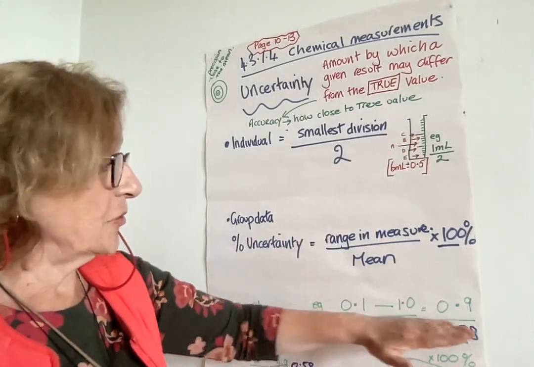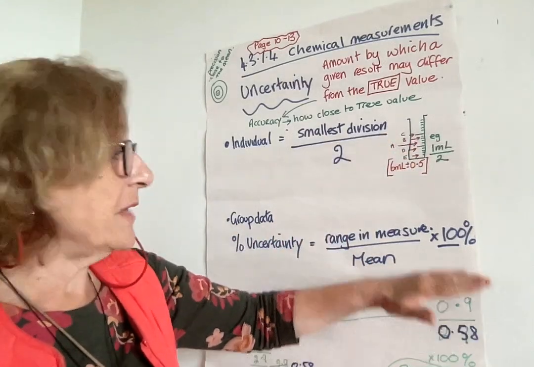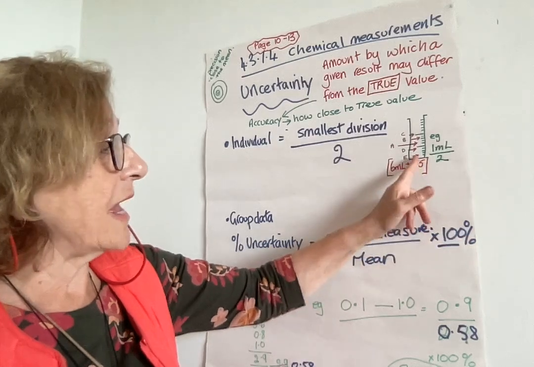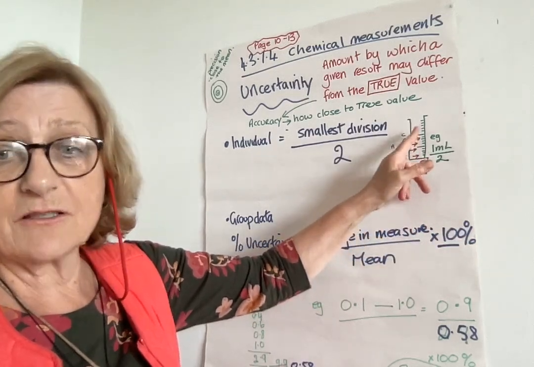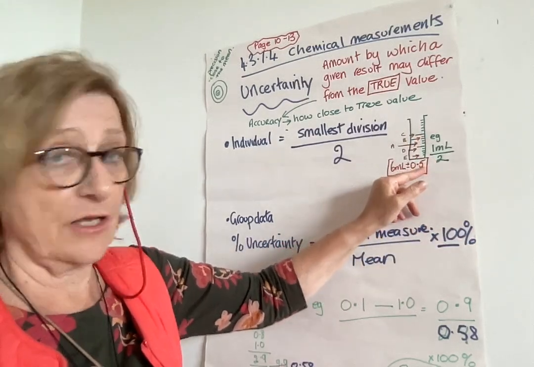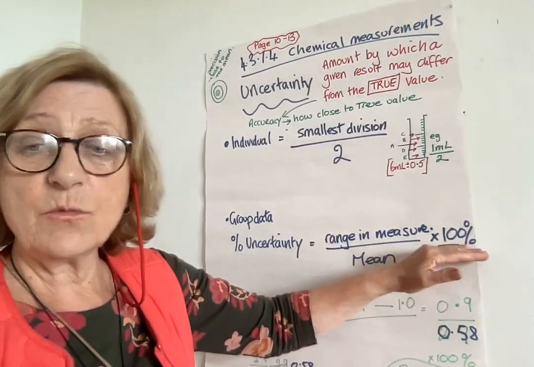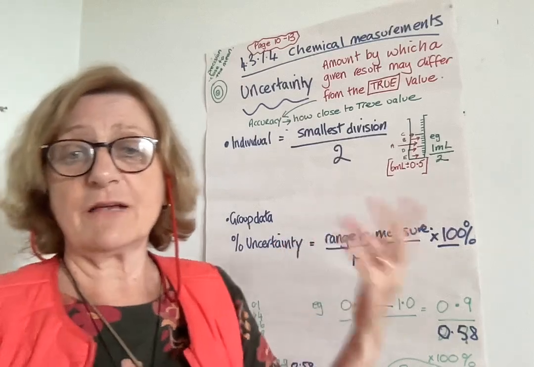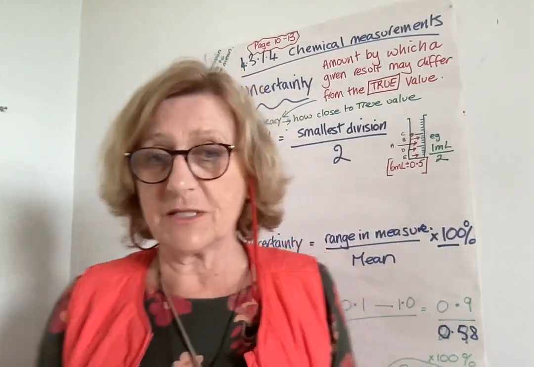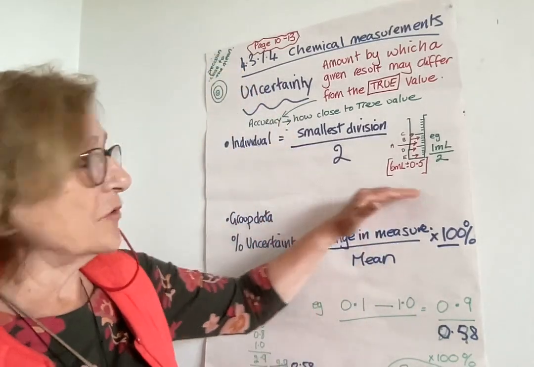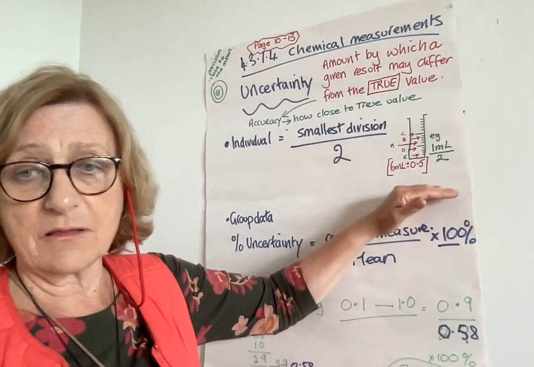So that is 0.9. The mean, we know, we work out by adding up all the different values and dividing by the number of values. Okay? And then you multiply that by 100%, and that will give you a level of accuracy for your whole class data or your group data. But this is the one you're more likely to have to use in the lab.